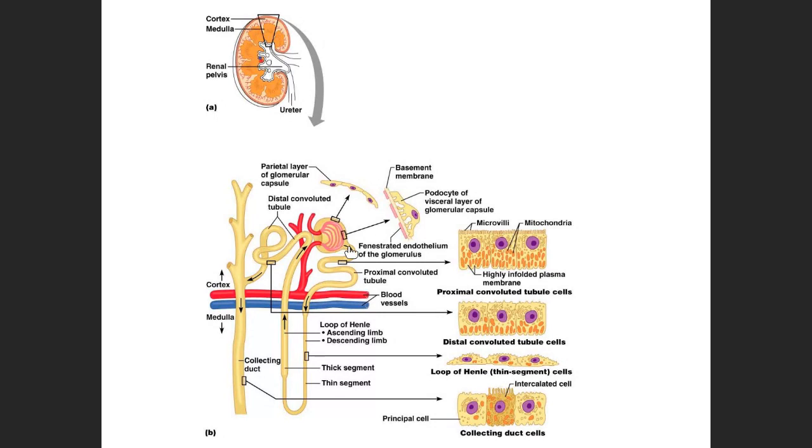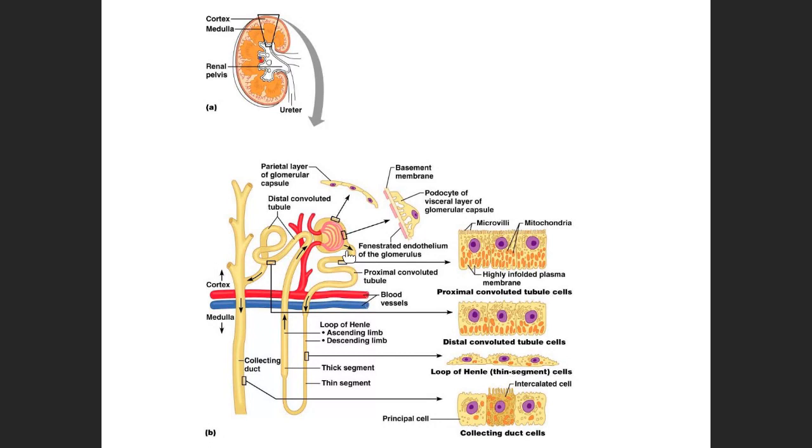But to note here too is that once the filtrate has reached the proximal convoluted tubule here, you're going to see active transport, taking back glucose and nutrients. Once it's taken back, it goes into the peritubular capillary.